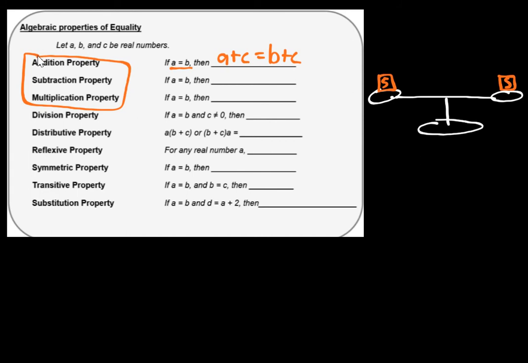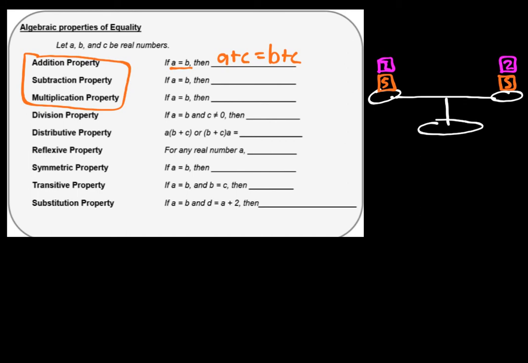Let's imagine I put a 2-pound weight over here and another 2-pound weight over there. Would they still be balanced? The obvious answer is, of course, yes. So if we have two things that are balanced or equal, and I add the same thing to both sides, it will still be equal.